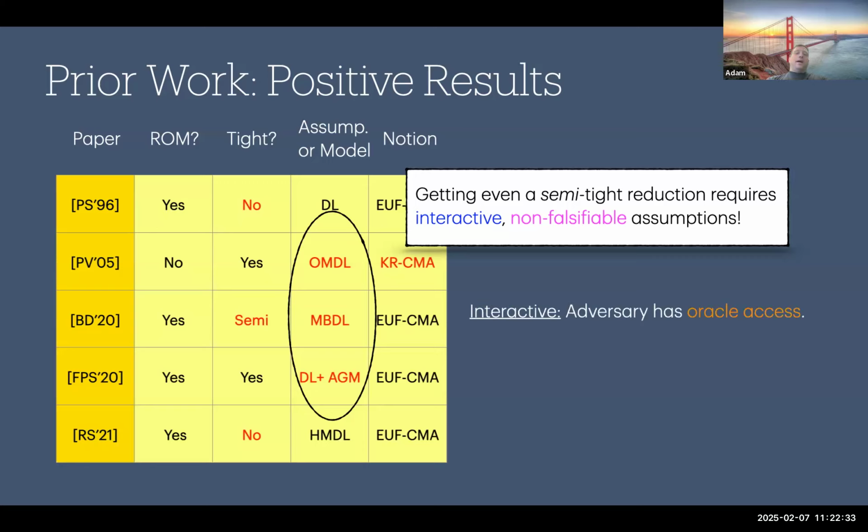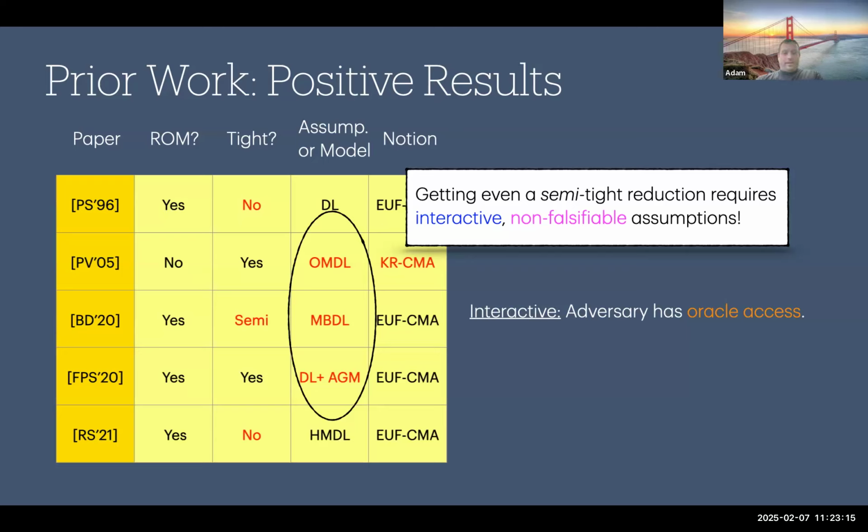So what does that mean? Interactive means the adversary has oracle access, so it can ask questions and get back responses. In one-more discrete log, for example, you get a vector of discrete log instances, and the adversary, in its quest for solving the discrete log instance, can ask for the discrete log of some other points, subject to some restrictions.